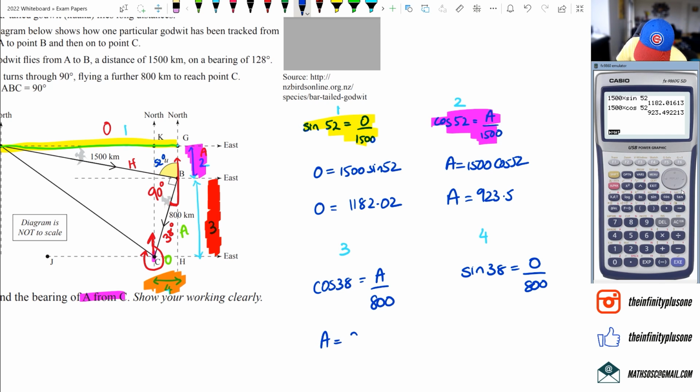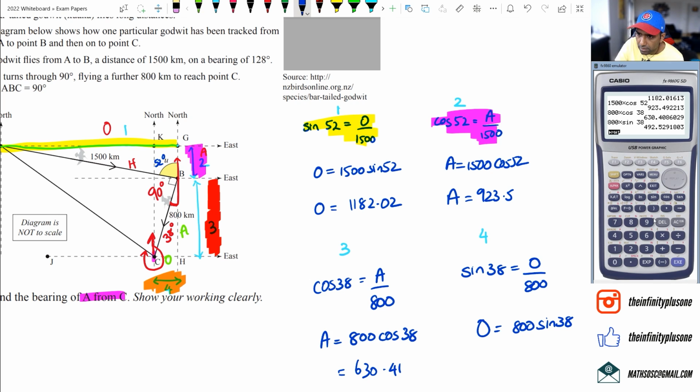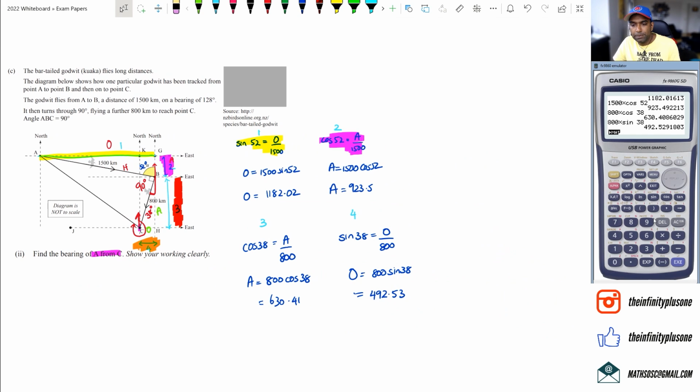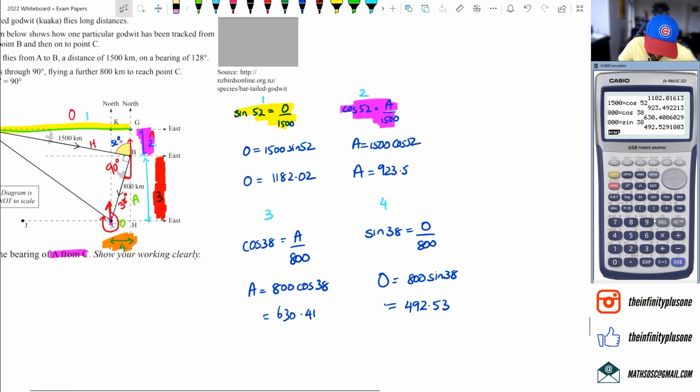So adjacent is 800 cos 38, opposite is 800 times sine 38. So let's work this one out. 800 cos 38 is 630.41. 800 times sine 38 happens to be 492.53.